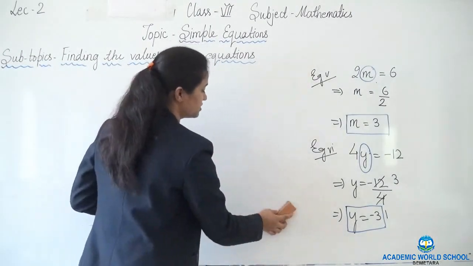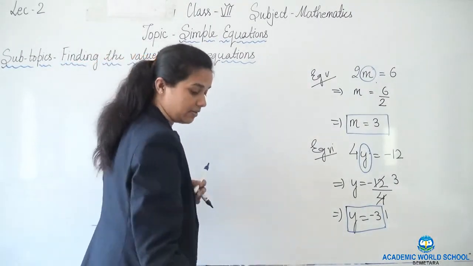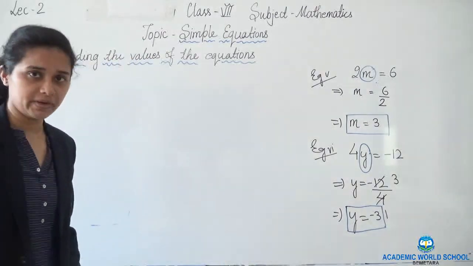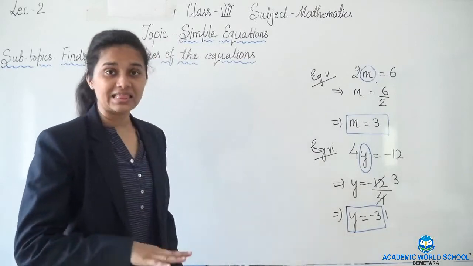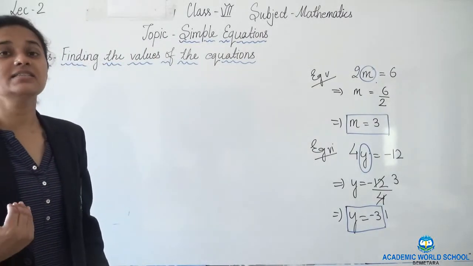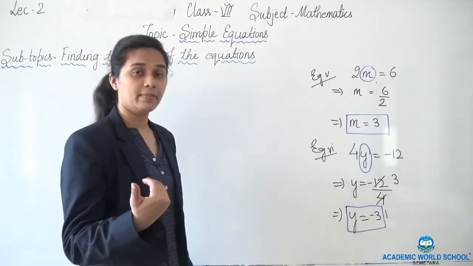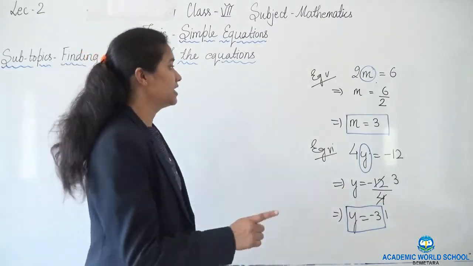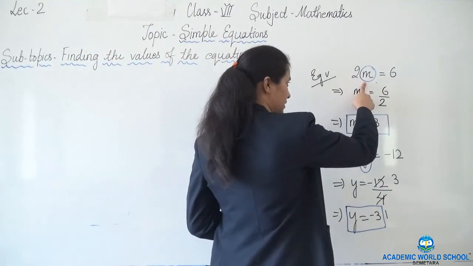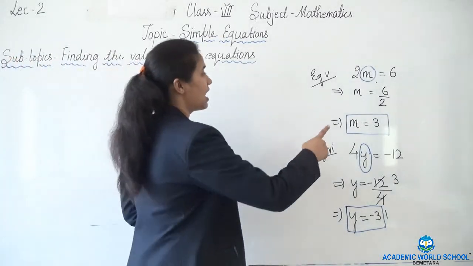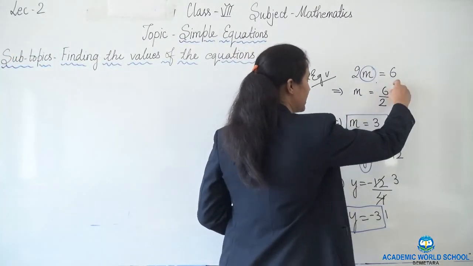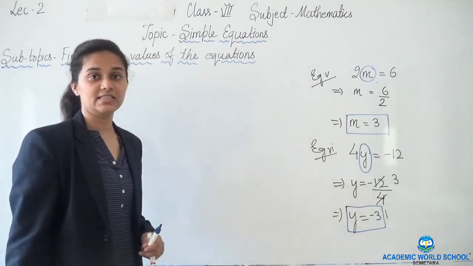So what we learned just now is that when a variable is multiplied by a number and the number changes its sign, it is dividing the number on the other side. Here 2 is multiplying m, and 2 will be dividing 6 when it changes its sign.